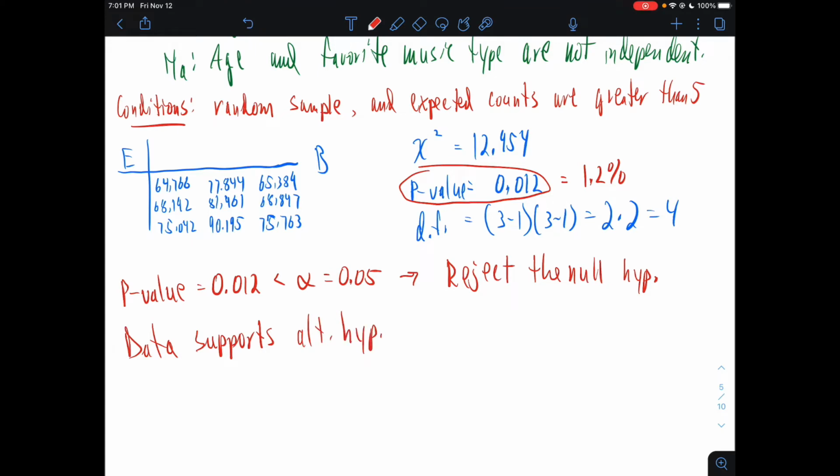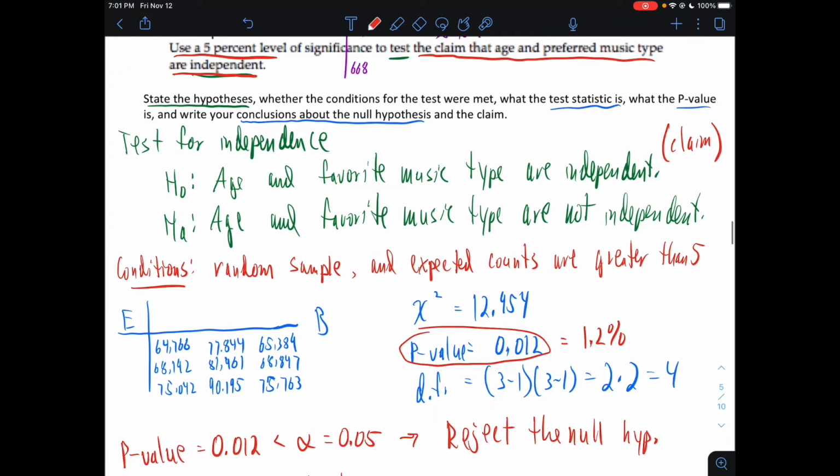And then finally, now we need to reach a conclusion about the claim. How does this work? Don't try to reinvent the wheel. Just use the claim as stated in the problem. You can see I've underlined it. The claim that age and preferred music type are independent. So do we have evidence to support that? No, because we rejected the null hypothesis, which was the same as the claim.